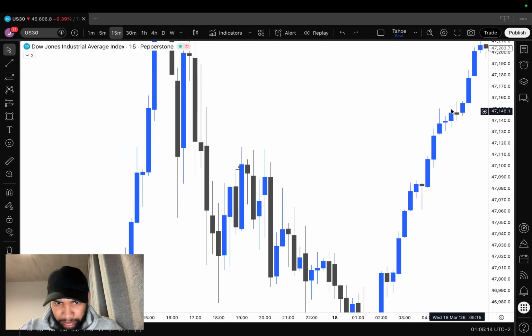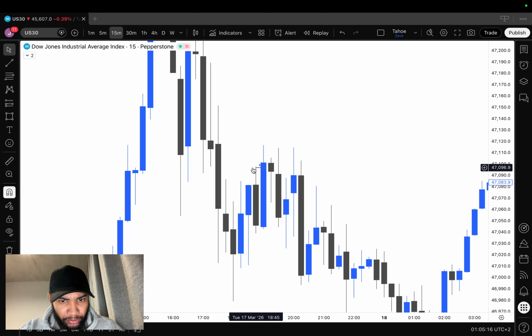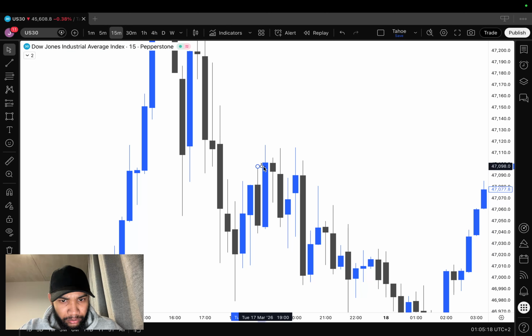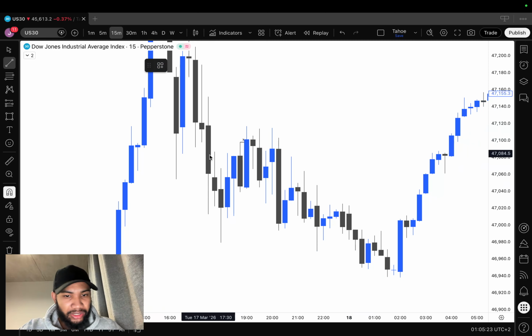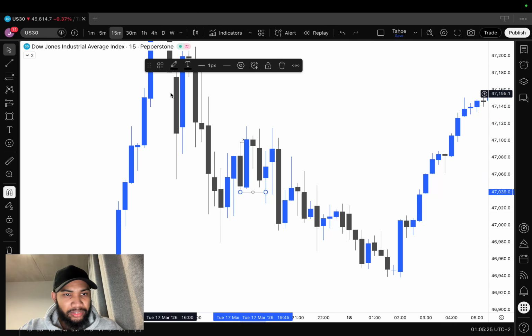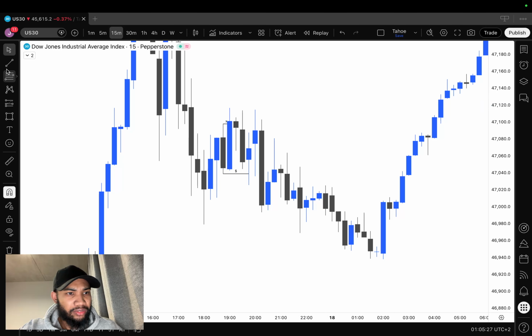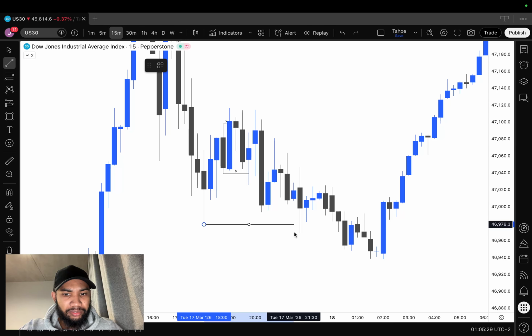Zoom in a little bit more. Now where's the liquidity? Liquidity is sitting over here, and liquidity is also sitting right over here.